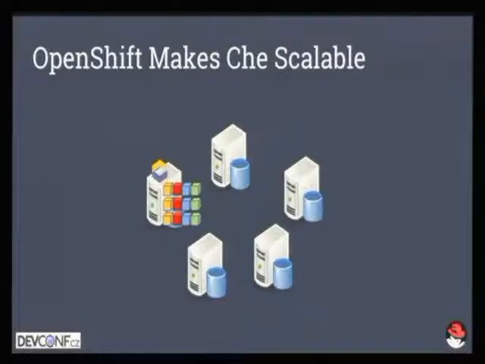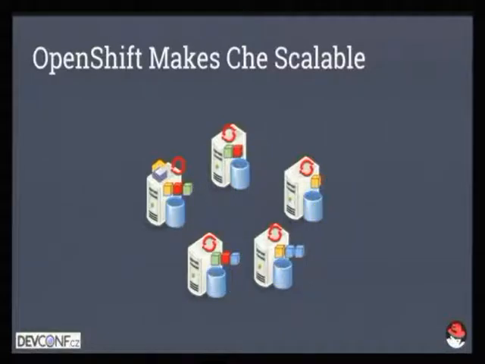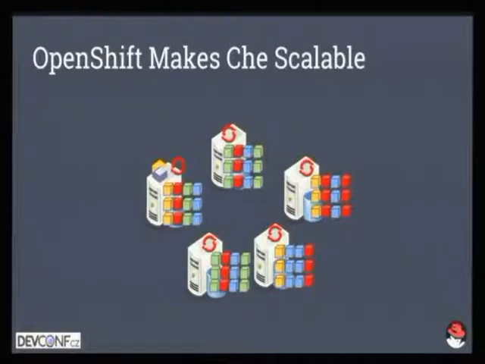This means that if you don't have an orchestrator, if you don't have OpenShift or Kubernetes running here, you will have all your workspaces running on the same node where your Che server is running. If you use OpenShift, your workspaces will be automatically dispatched on all the nodes of your OpenShift cluster, and you will be able to scale and have a lot more workspaces running.